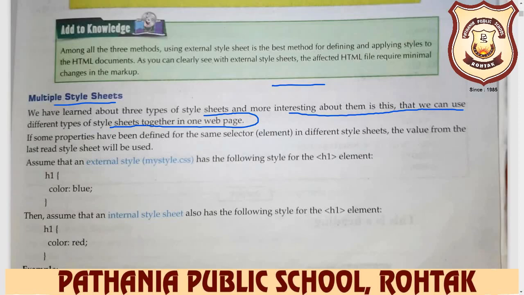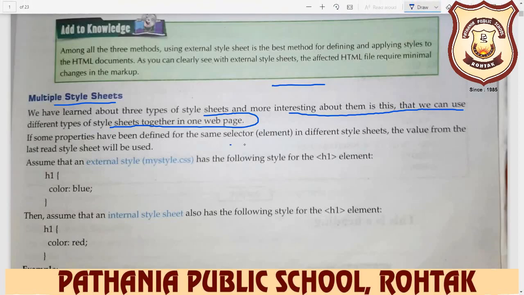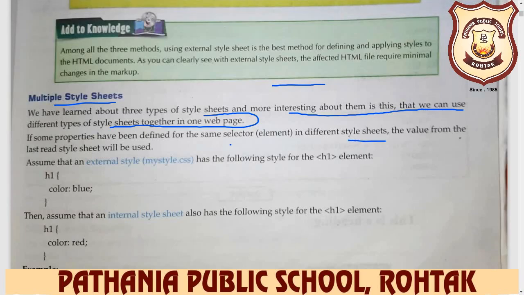If some property has been defined for the same selector, what do we mean by the selector? We will learn later. In different style sheets, the value from the last read style sheet will be used. Assume that an external style sheet, named mystyle.css, has the following style for the heading 1 element h1: color blue.